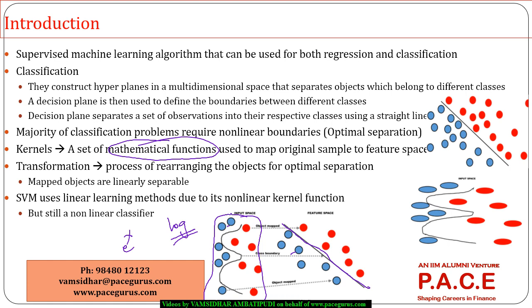So those functions that I am applying on the input data, so that the transformed values result in a linear separation between the observations, are typically called kernels. We have different kinds of mathematical functions. Different tools will use different sets of kernels.